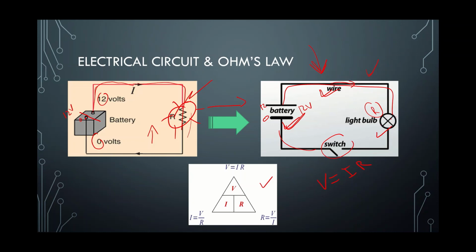If we have a resistance here, for example 2 ohm, we will study that later, and this is 12 volt, and we want to know the amount of current, we can just rearrange the equation to I equals V over R, 12 over 2, so the current will be 6 ampere.